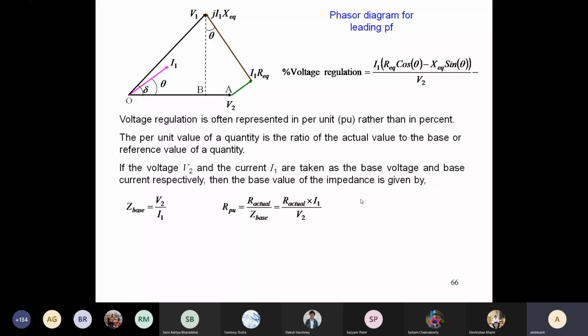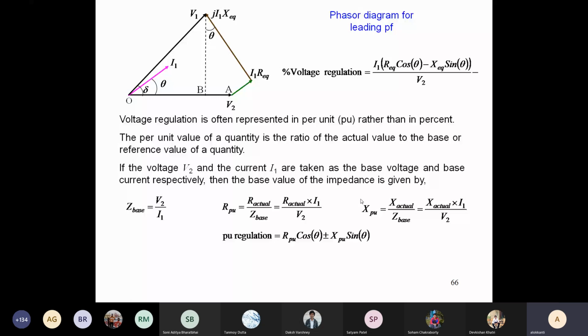Similarly, X per unit is X actual by Z base, equal to X actual into I1 by V2. Again, the numerator dimension is volts and the denominator dimension is also volts. So per unit value is actually a dimensionless quantity. From here you can get the per unit regulation.